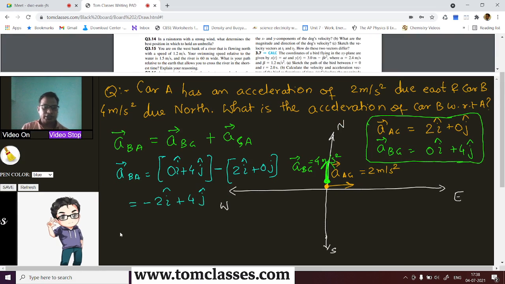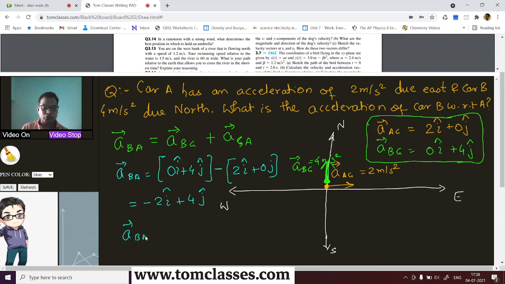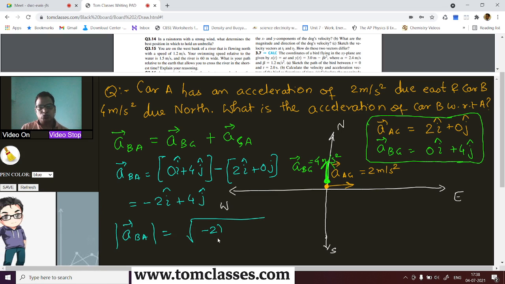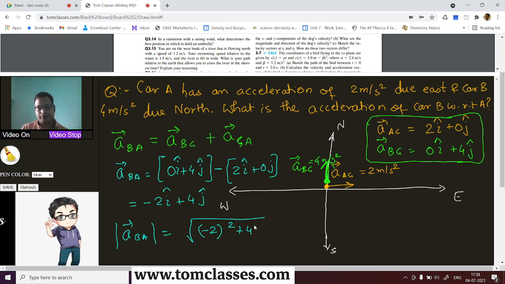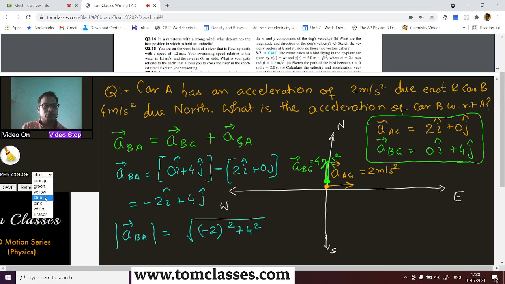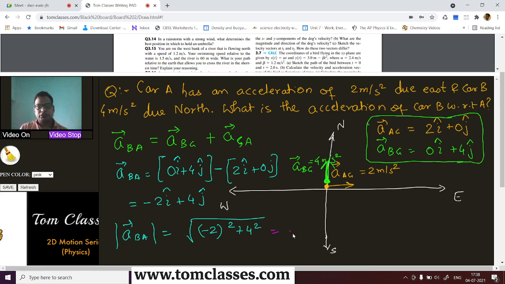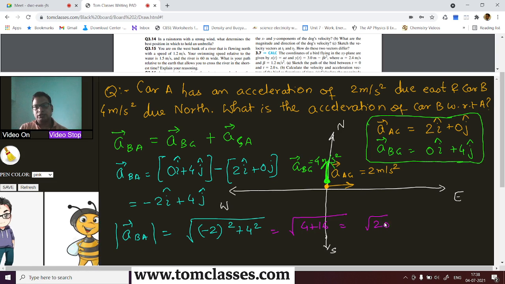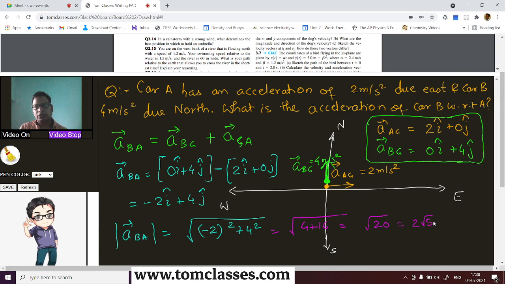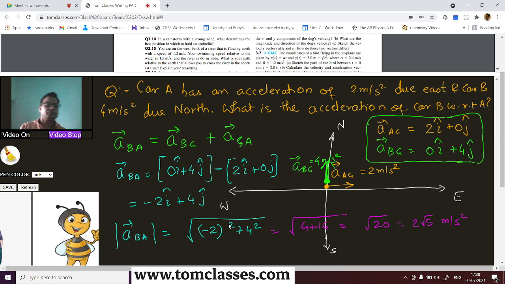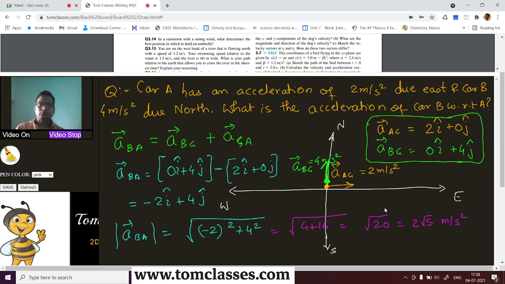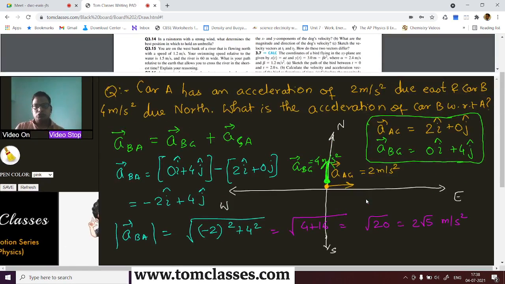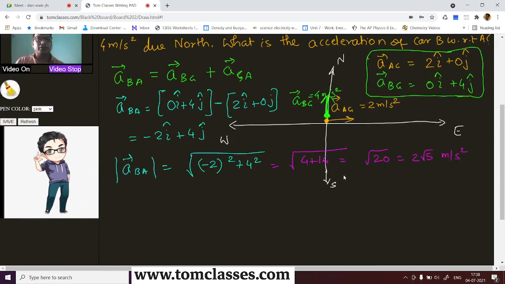So the magnitude of acceleration of B with respect to A is the square root of minus 2 squared plus 4 squared. That is 4 plus 16, so this will be root of 20, which is nothing but 2 root 5 meters per second squared. Is this okay? Yes, sir.